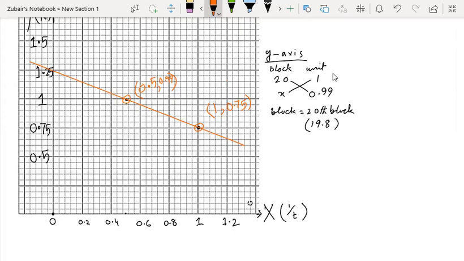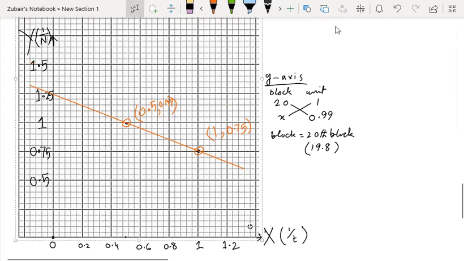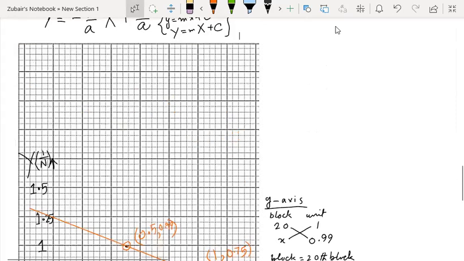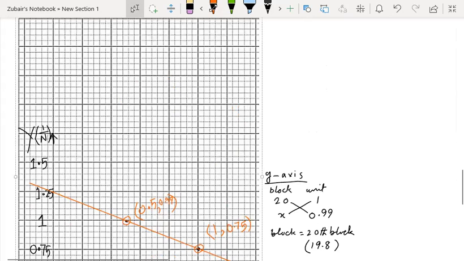Now we should find the gradient and the y-intercept. For the gradient, I make a separator here. Finding the gradient, which is m.